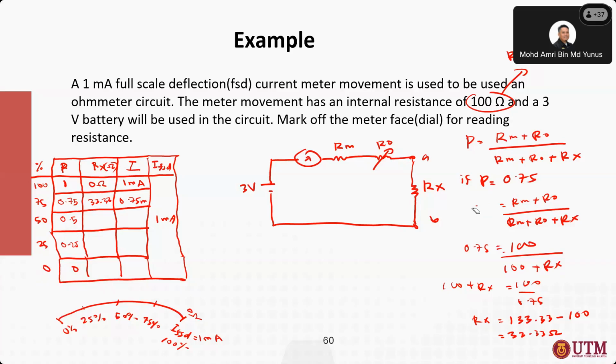Now if P is 0.5, so 200 minus 100 we get 100 ohm.